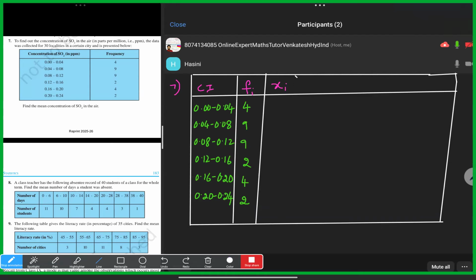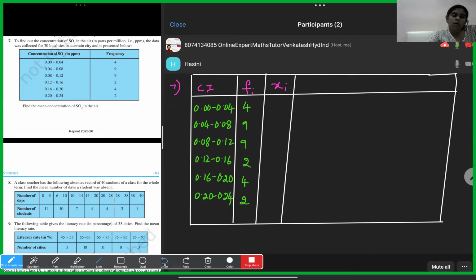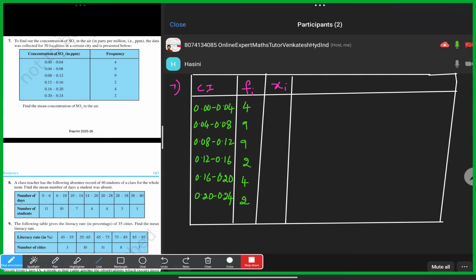Same: lower limit plus upper limit by 2. So 0.00 plus 0.04 by 2, Hasni, which is 0.04 by 2. How much, Hasni? 0.02 you'll get. Okay, Hasni. Okay, sir.